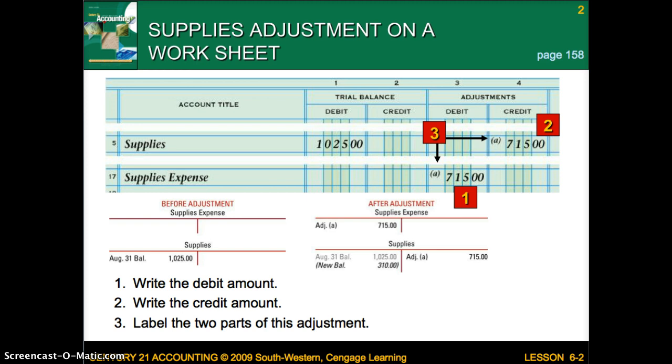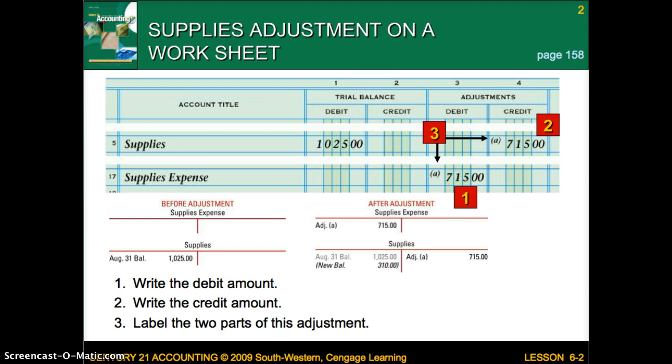So what happens when we start adjusting, if you look on page 158, it says on August 31st, before adjustments, the balance of supplies is 1,025 and the balance of supplies expense is 0, as shown in the T accounts. And you can see that right below.